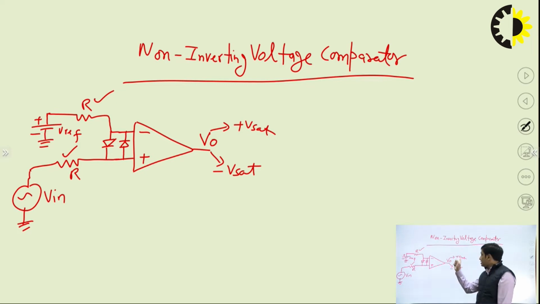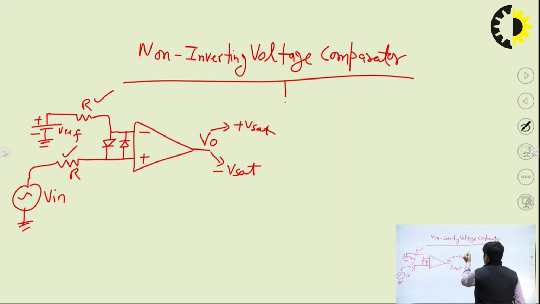We will get plus Vsat if the voltage at the non-inverting terminal is more than the inverting input terminal. Otherwise we will get minus Vsat. So keeping this in mind, we can draw the input and output voltage waveform. The output voltage will be a pulse waveform, because it will have only two values, either plus Vsat or minus Vsat.